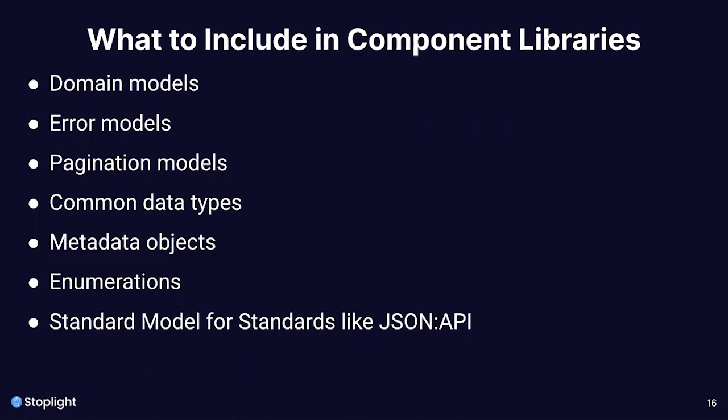If you have some common data types across different domains within your organization, put that into the component library. Metadata object. So if you have a metadata object that is returned with each response or goes with each request, just common across different APIs, that can go into it.